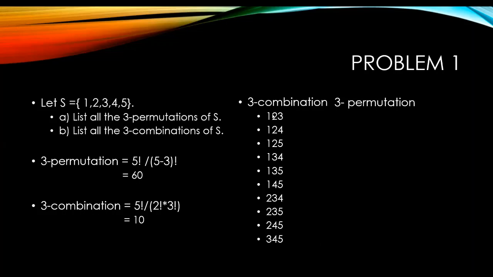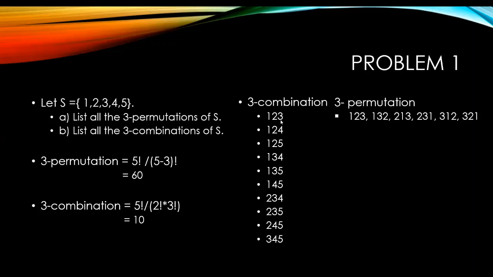Again, in permutation, the order of our elements means a different pattern. So if we rewrite 1, 2, 3 in a different arrangement, we could derive a new pattern. For example, 1, 2, 3 could be rewritten as 1, 3, 2; 2, 1, 3; 2, 3, 1; 3, 1, 2; 3, 2, 1.